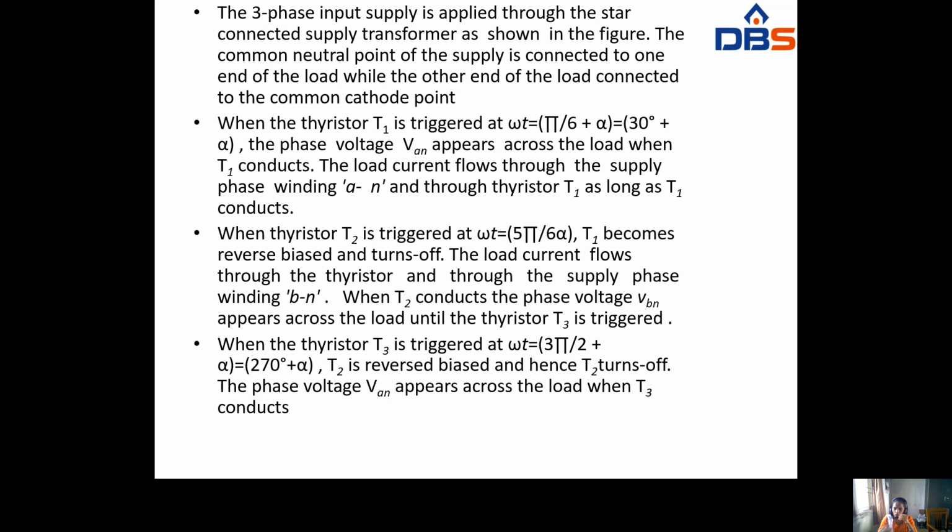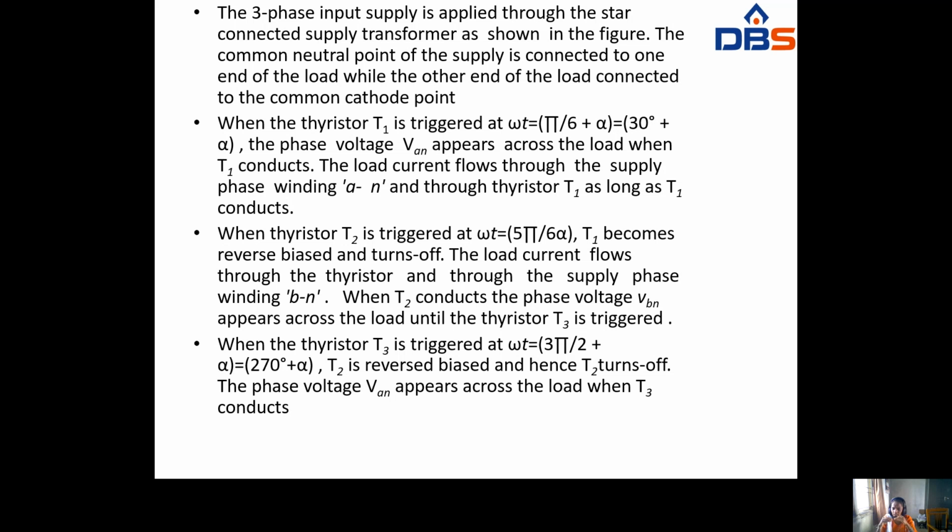When thyristor T2 is triggered at 5 pi by 6 plus alpha, T1 becomes reverse biased and turns off. The load current flows through the supply phase winding BN.